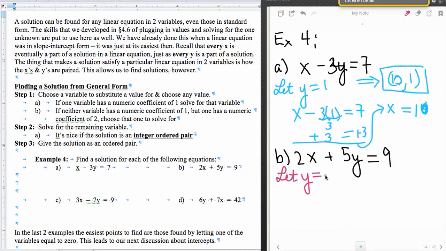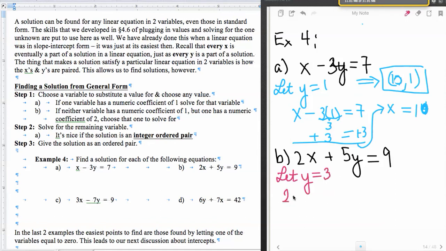That extra fluffy information can make us have nice integer ordered pairs, which is really helpful with our next task, which is to find a solution on a graph of this by plotting the ordered pairs that we're finding as solutions. So I'm going to let y equal, let's say, 3.